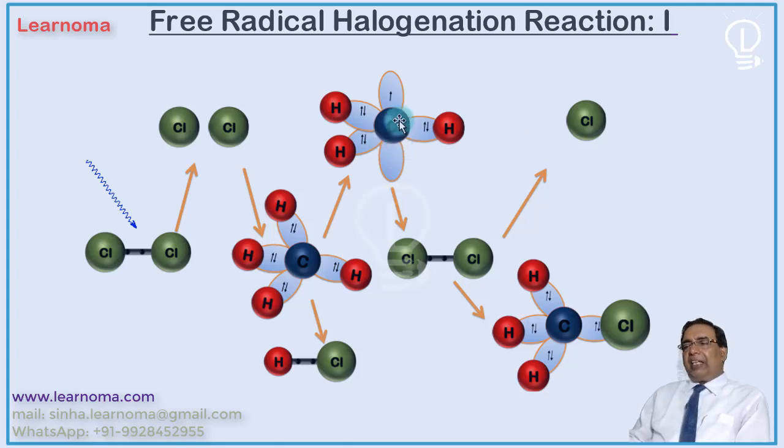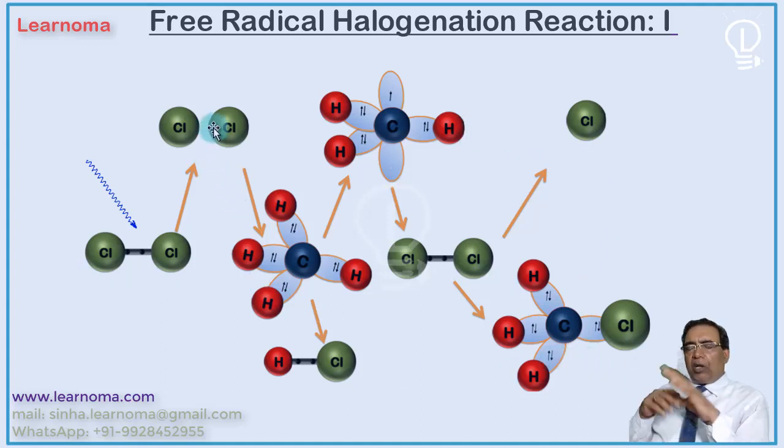We will see this. The methyl radical thus produced forms a stable bond with the chlorine atom, and forms methyl chloride and a Cl radical. This is your step number 3. This step is exothermic, and here a considerable amount of energy is released, and all that energy released makes the reaction overall favorable.